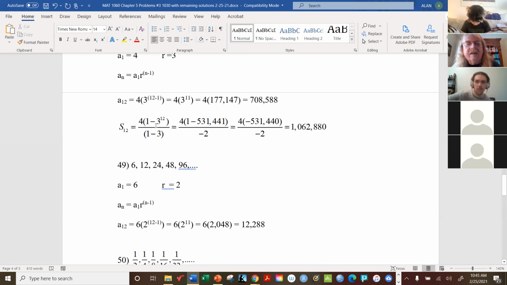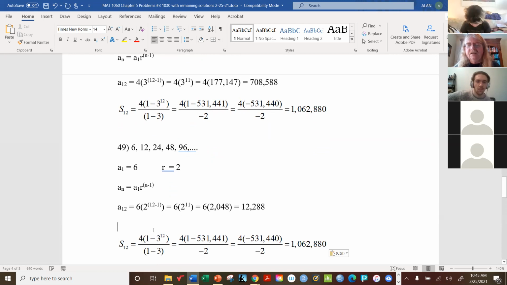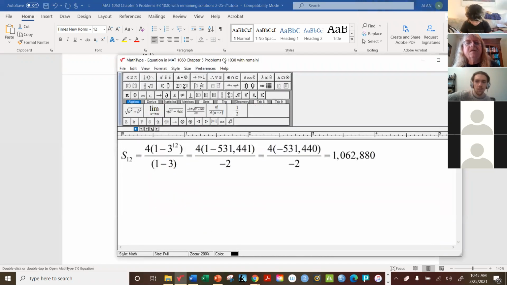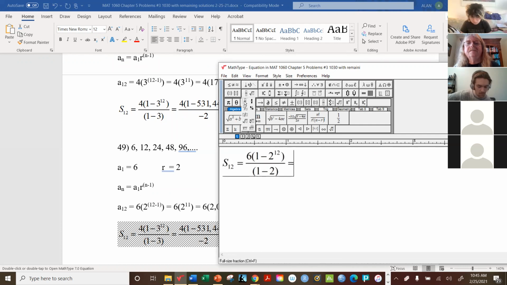So now all that we have to do is get the sum together here. And so, like I said, I'll just recycle this formula. So the first term is 6 this time instead of 4, and the ratio is 2 instead of 3. Now I just figure out what those are. So I'll have 6 times 1 minus, now 2 to the 12th is 4096, all over -1.